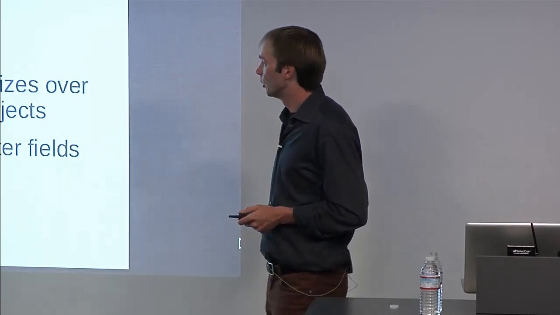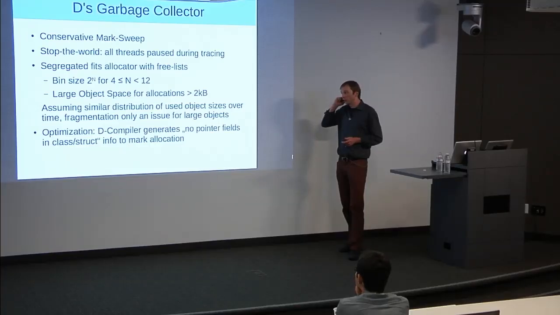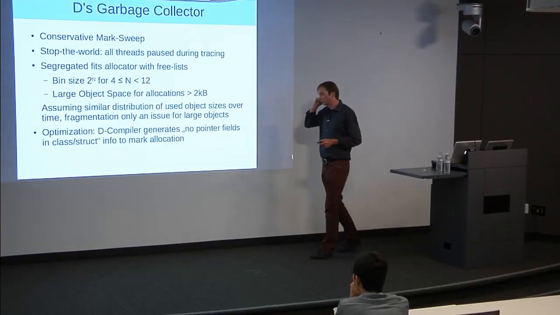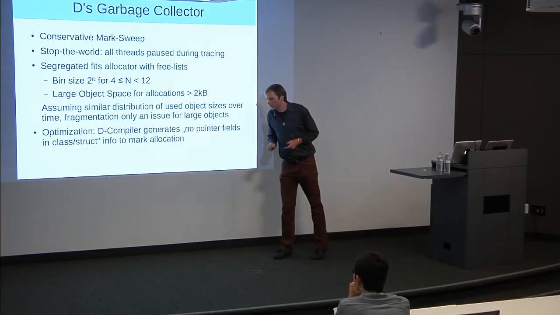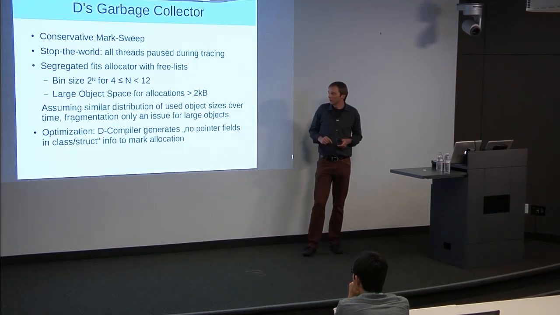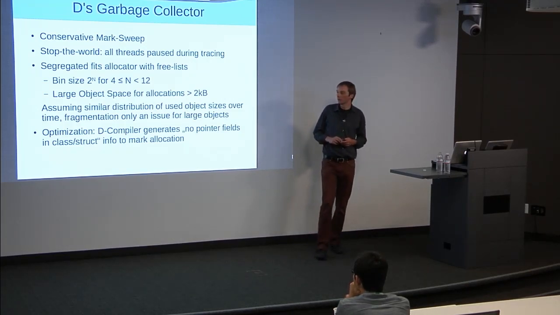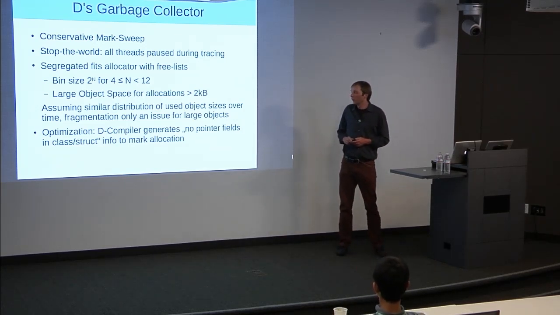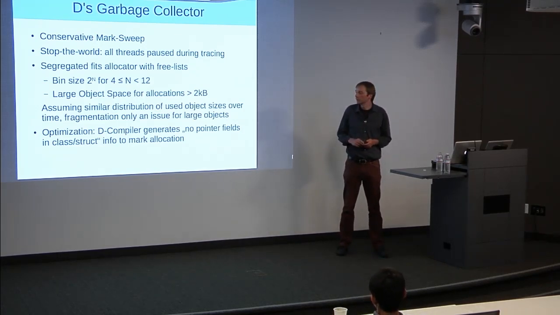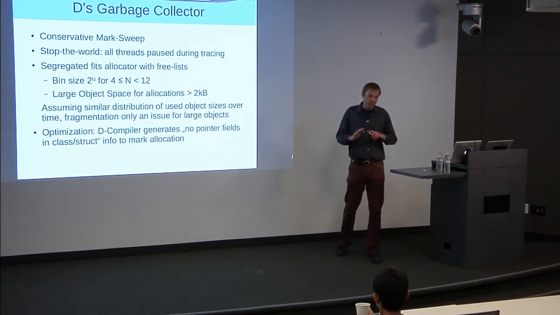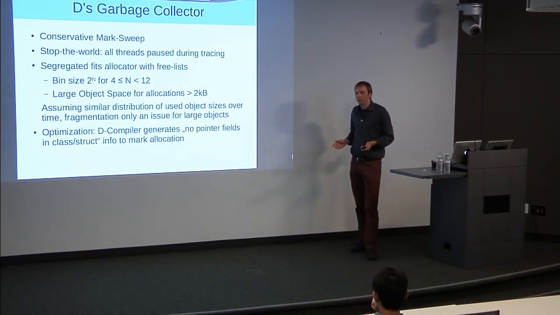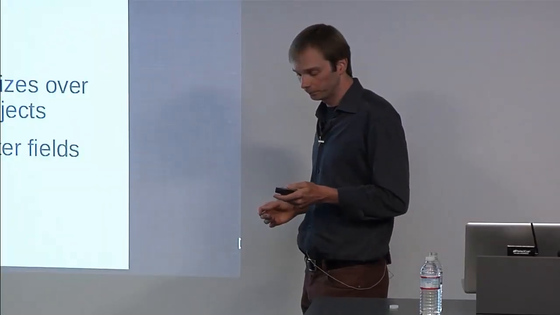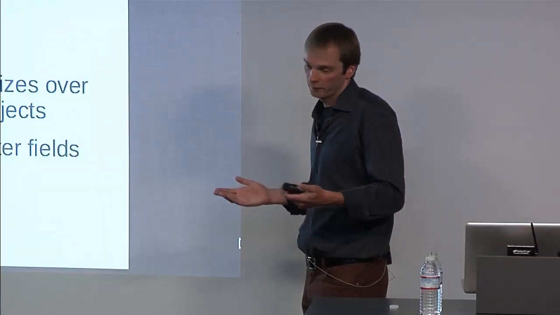In the case of the compiler, we have one optimization: the compiler generates information in classes and structs about whether this object has any references inside or not. So we can distinguish objects that have no references, and don't have to be scanned, from objects that have to be scanned.